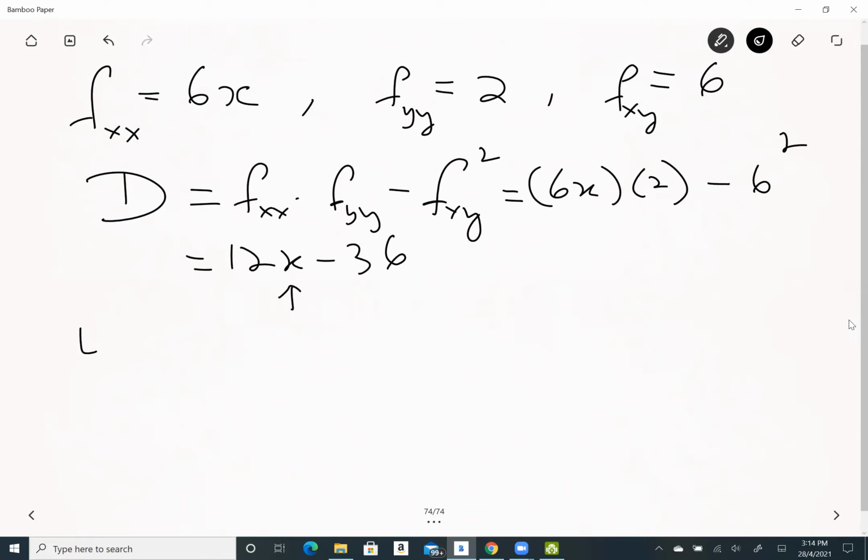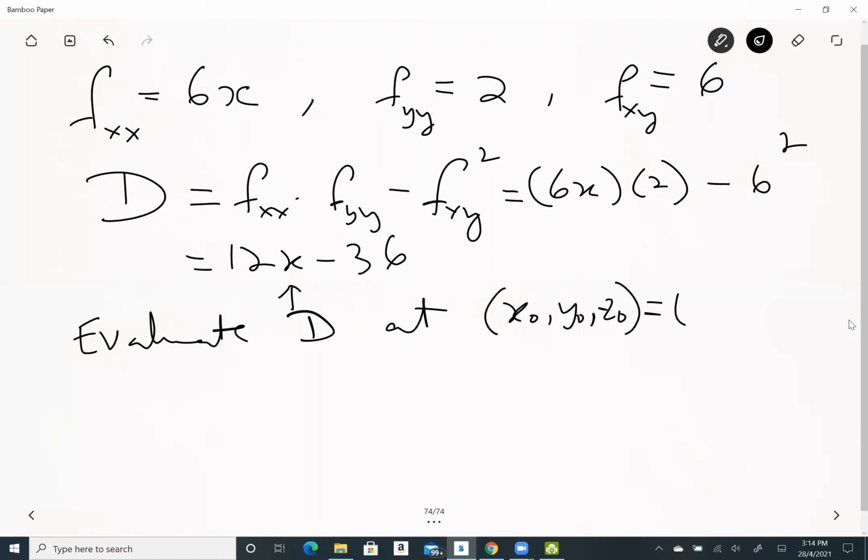So first, you evaluate D at the first critical point. At x0, y0, z0, which is equal to 2, negative 6, 20. All right, so at that point, what is the value of D?